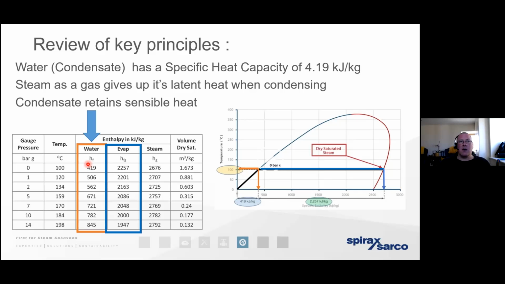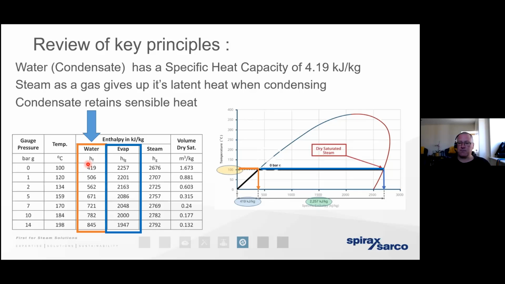We get the unreliability of the capital equipment, such as the control valve. We get corrosion, potential for contamination in the steam itself towards the process, and also we get the health and safety issues imposed on the network as a result of that water hammer. So wet steam is by far and away the biggest problem that we come across whenever we're talking about understanding steam condition.